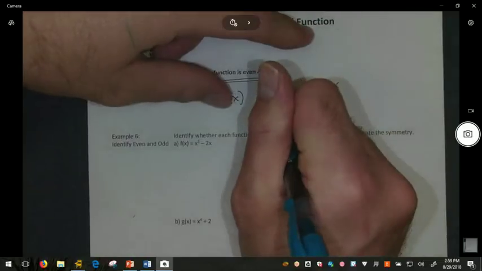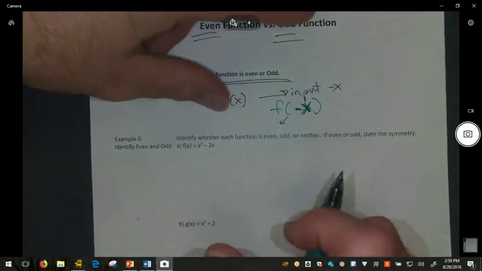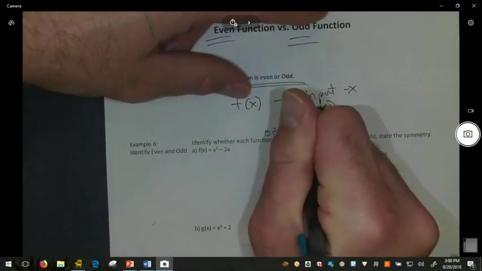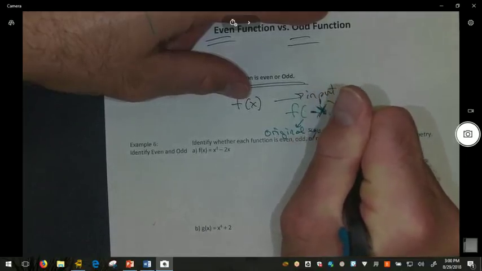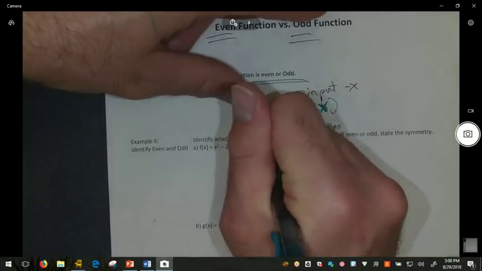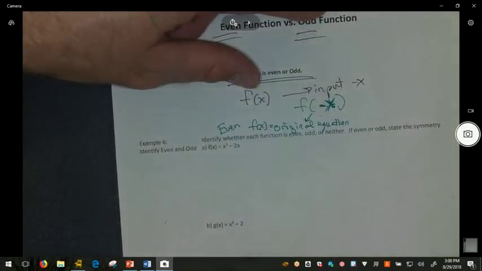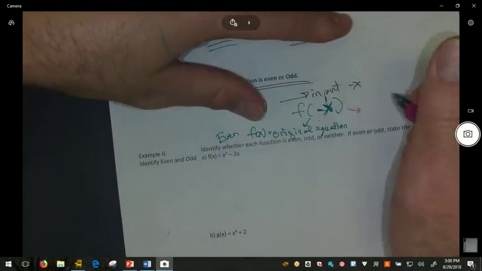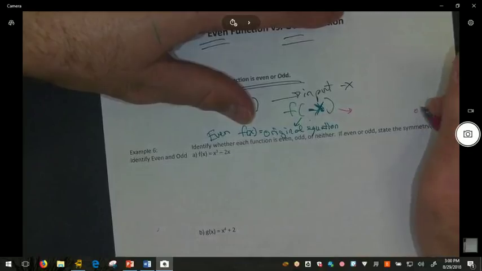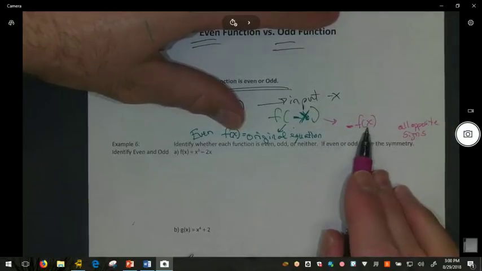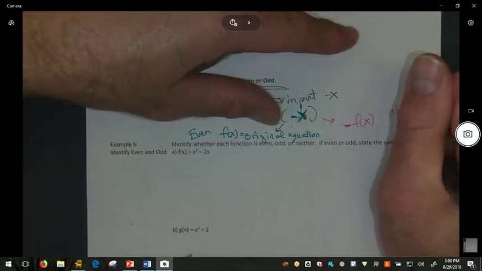Now, if you do this and you find that after you have simplified it, you get the original equation back, so in other words, it equals f of x, then it is said to be even. Whereas if you plug this in and you get all opposite signs from the original equation, then you have the opposite of the function, or the negative of the function, and it is said to be odd.